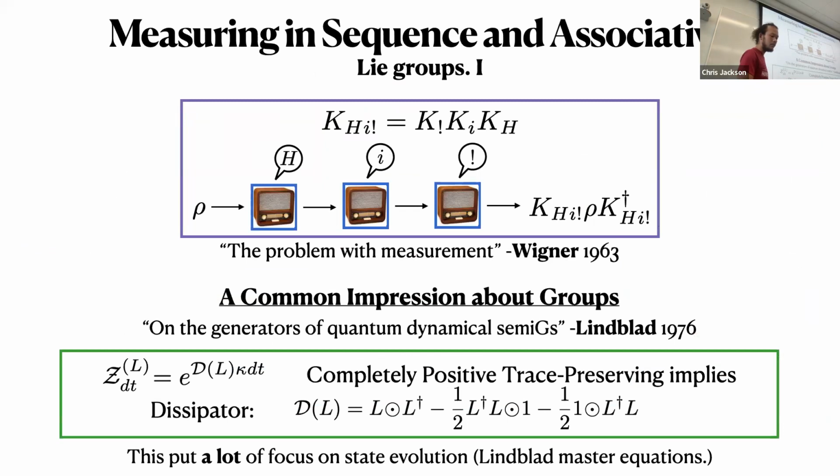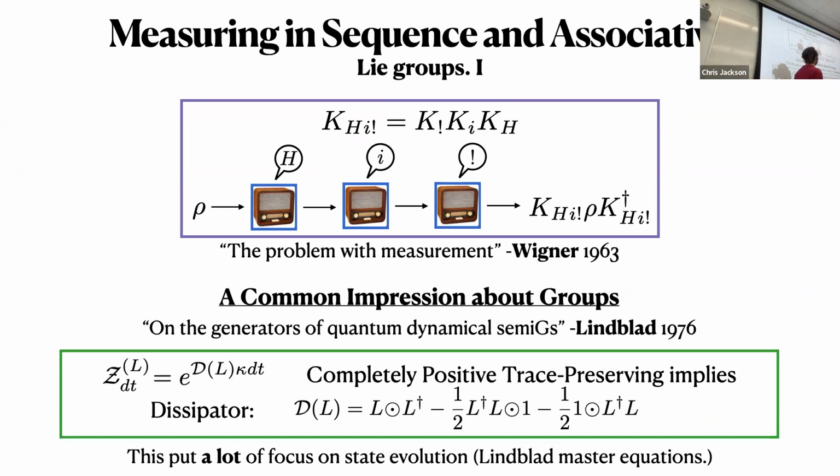I could not have done all of this work without groups holding my hand, so it's important to talk a little bit about groups. Wigner, who's very famous for bringing groups to atomic physics, by the 60s wasn't thinking groups were that important specifically, but he was talking about how measurement theory wasn't finished.